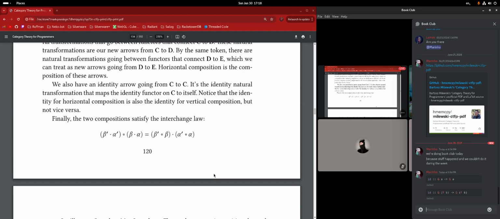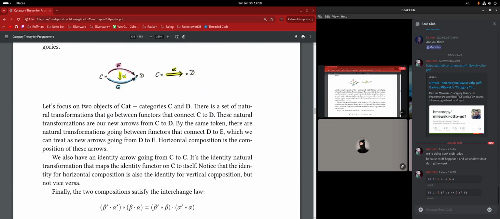Which one is which? That's what has me slightly confused because, well, let's talk about the type of a vertical composition, right? You would go from a G of A to an F of A, or vice versa.